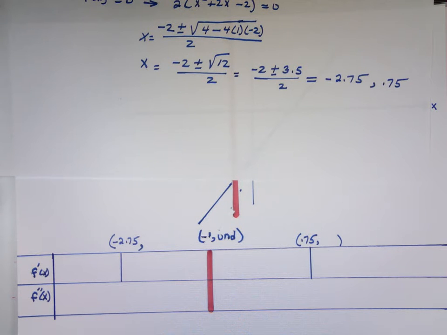The other one's 2.75 squared here. Minus 4 times negative 2.75. Take that answer, divided by negative 2.75 plus 1.